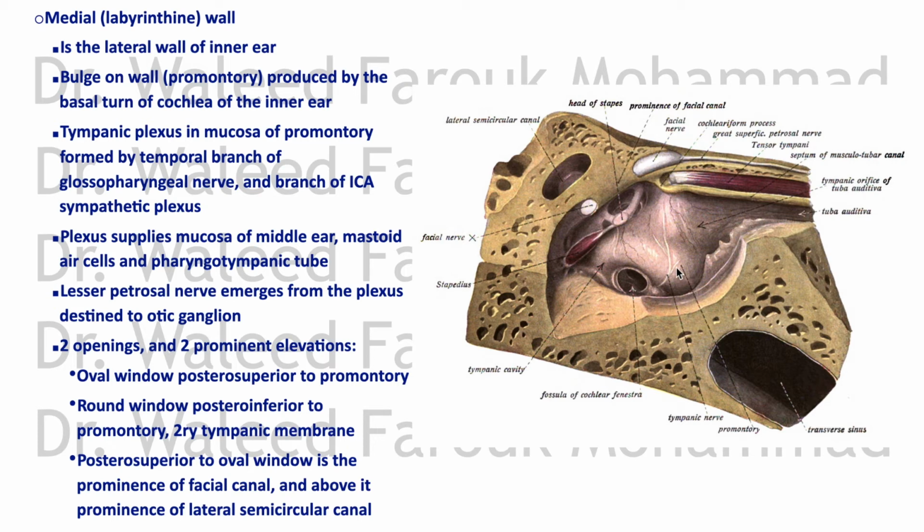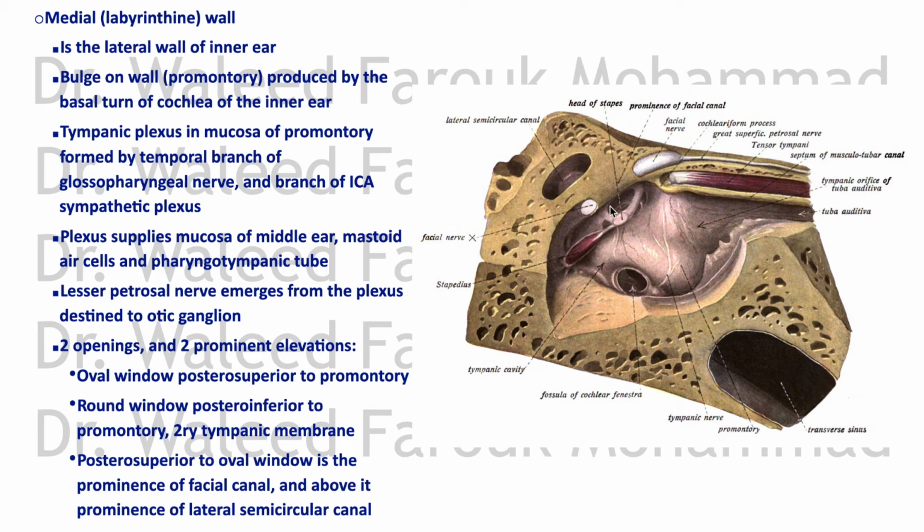What else you will see? You will see two holes. This is the fenestra vestibuli, or fenestra ovale, or the oval window, and this is the fenestra cochleae, or the round window.